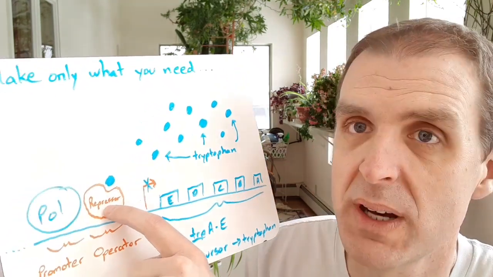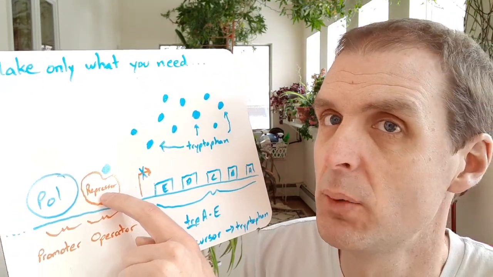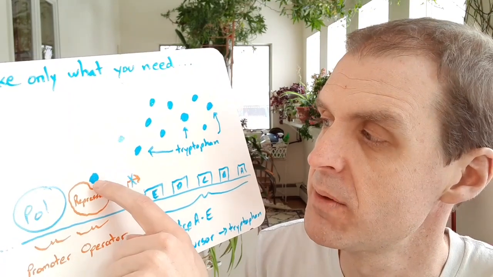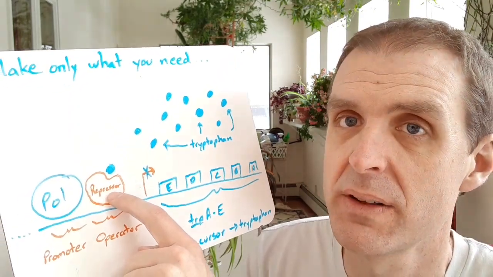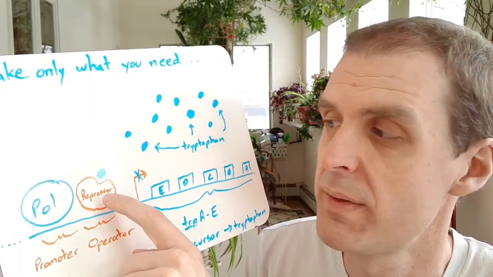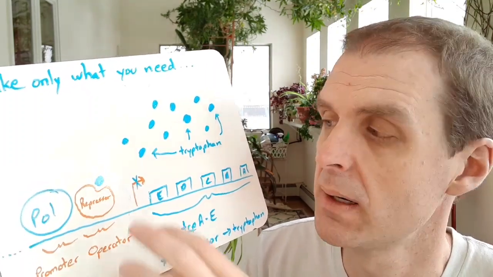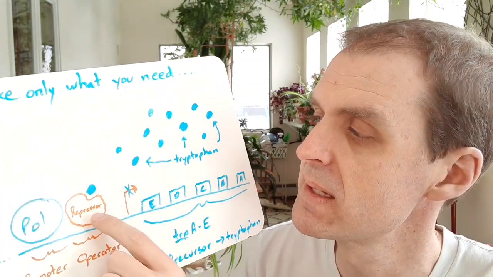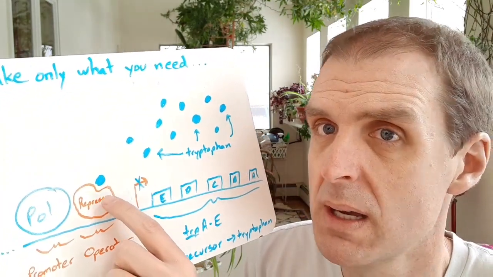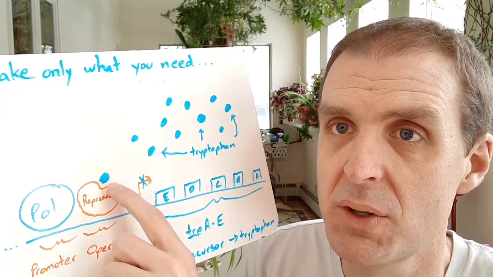We talked about enzymes, whether they can be active or inactive depending on whether they had the cofactor. Well, these repressors kind of follow the same theme. Whether they're bound to a molecule or not can change whether they can bind to DNA or not. So in this case, the repressor can bind to the tryptophan.